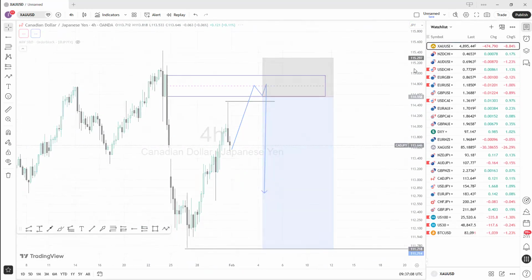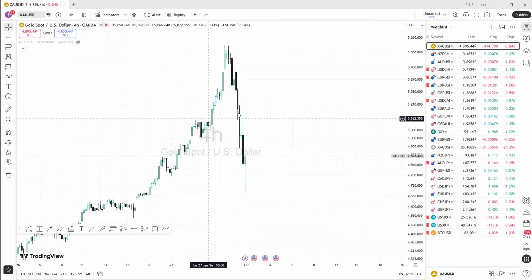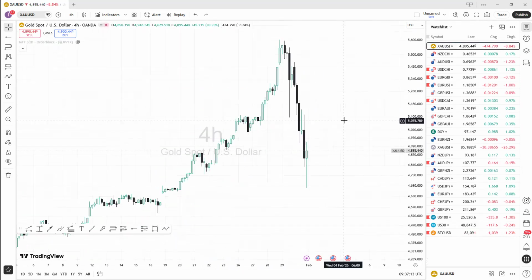Let's see gold. Gold crashed last week. Very aggressive downtrend as you see here.